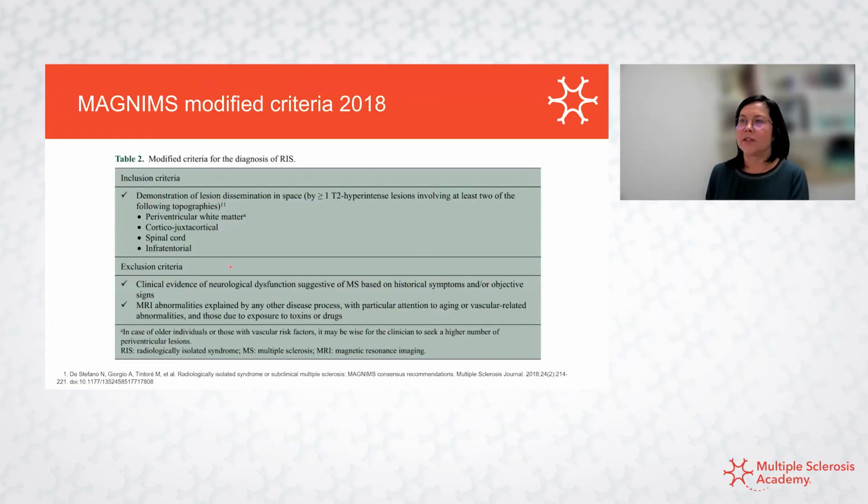So the most recent modified Okuda criteria have incorporated the McDonald diagnostic criteria for dissemination in space into the RIS criteria.